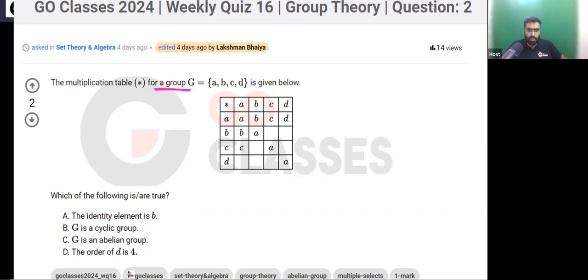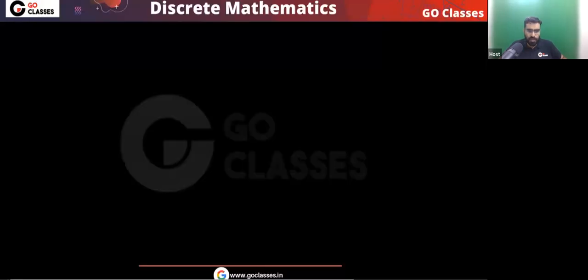Let's fill it. So what properties of Kelly table of group you are going to use? Remember this point, that you can use the properties of Kelly table of group. One property is no repetition in any row or column.